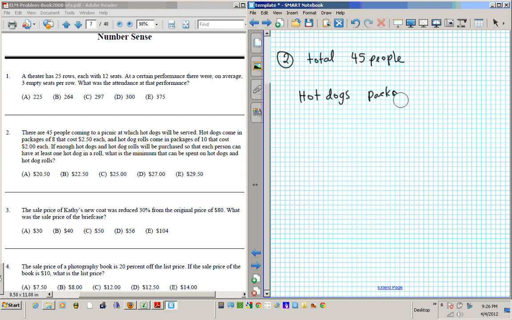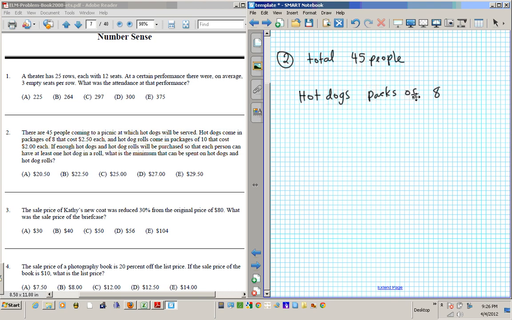Since the hot dogs come in packs of 8, how many packs of 8 are sufficient for 45 people? So basically your 8 times table, right? 8 times 1, 8 times 2, all the way until we exceed 45. 8 times 4 is 32, 8 times 5 is 40, no, too small, 8 times 6.